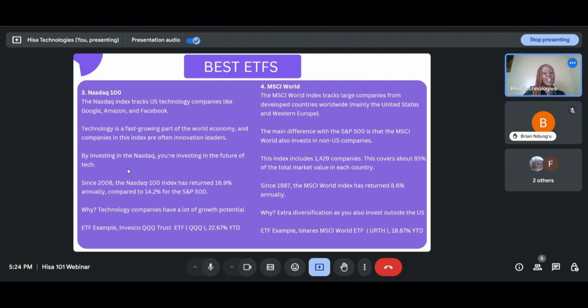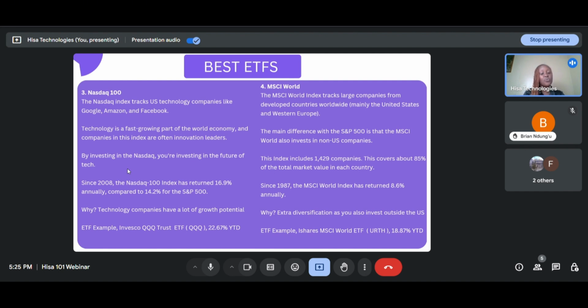All right, and this index has over 1,400 companies, and this covers about 85% of the total market value in each country. Since 1987, this index has returned 8.6% annually.